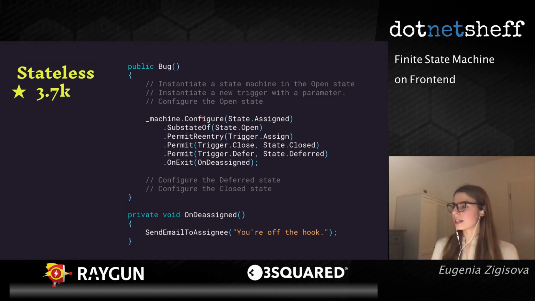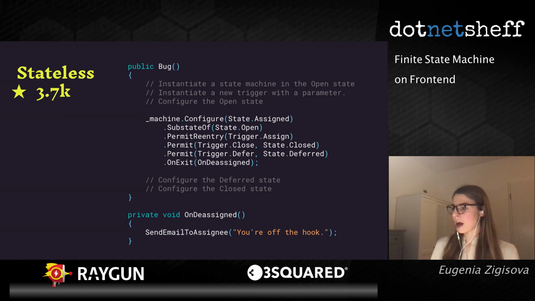And here, as you see, this library provides a possibility to set a substate. So this assigned state is a substate of open. And it also says that from this state, a machine can transition to the same state if, for example, the issue is reassigned to someone else, I assume.